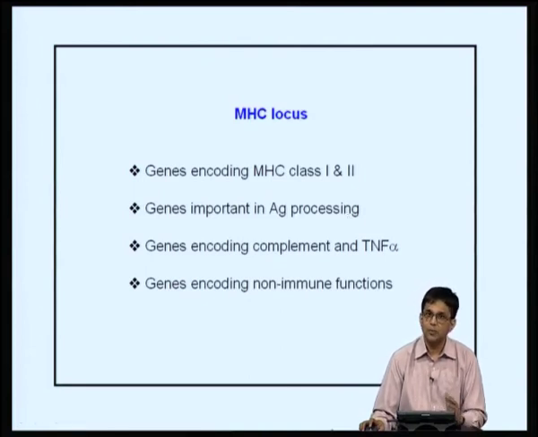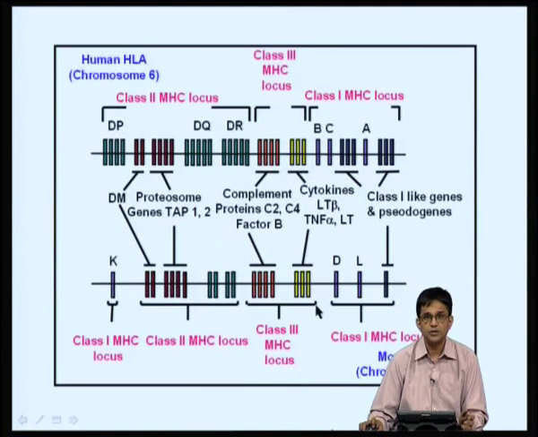But beta 2 microglobulin, which is so important, is not part of the MHC. So you have both sides of the argument, but nevertheless the MHC loci contain different sorts of genes. You have genes encoding complement proteins and tumor necrosis factor alpha, which is important in the cytokine response. You also have genes encoding non-immune functions.